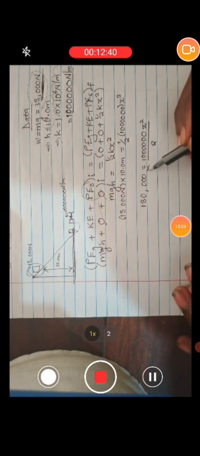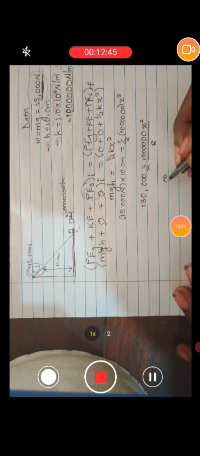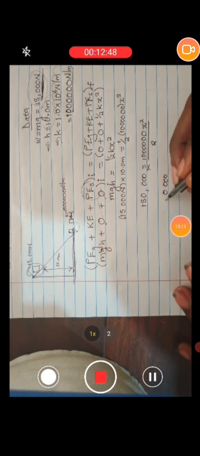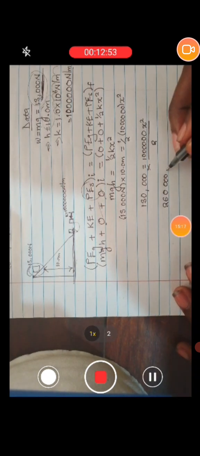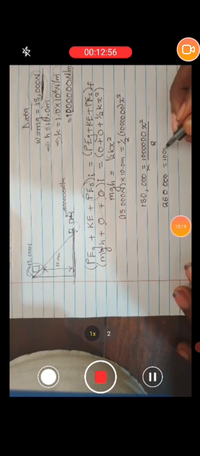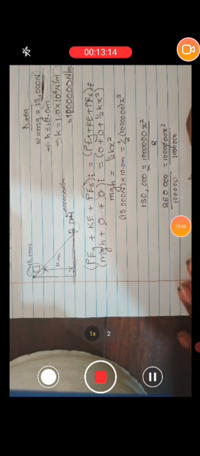Then you can cross multiply: 2 times this, you get 260,000, which equals 1 million x squared. You can do this with a calculator. Then you divide by 1 million on both sides.